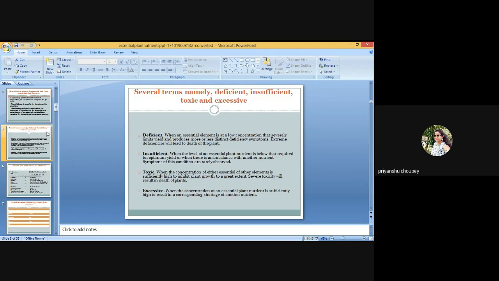Nitrogen is absorbed by plant roots as nitrate ions, and in the case of rice, as ammonium ions also. In a nitrogen-sufficient plant, its concentration varies from 1% to 5%. In ppm, that is 10,000 to 50,000 ppm or milligrams per kg dry matter.